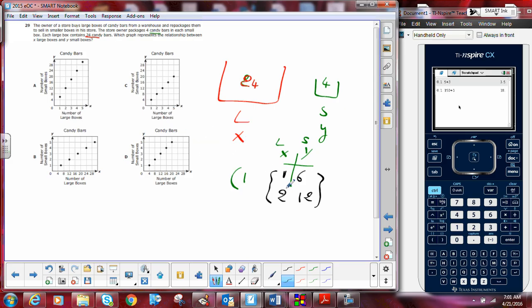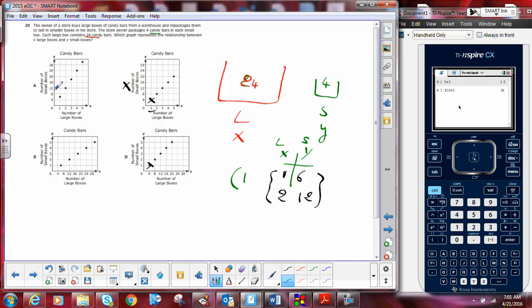Let's see which graph is going to represent it. So here I see 1 and 4. This is wrong. I'm going to cross it. We're going to cross C. Now 4 and 1, no, for sure no. How about 1 and the number between 4?